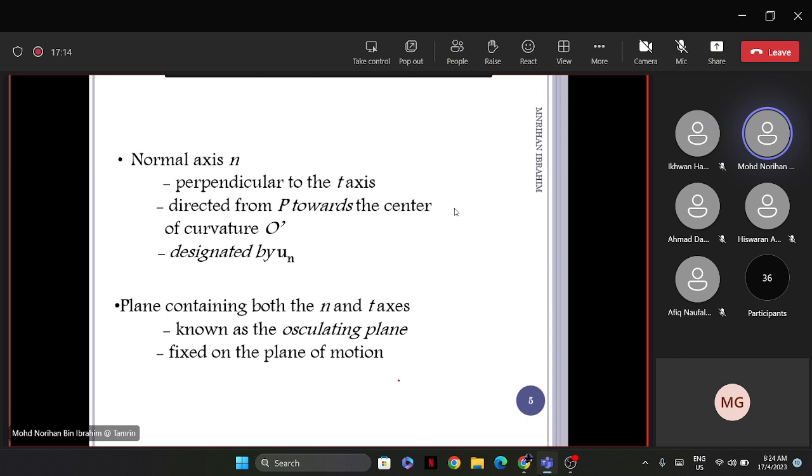And the next is the normal axis N. N is perpendicular to the T axis. Let's say we have this particle P, and T represents the tangent axis. The normal axis is always perpendicular to the T axis, 90 degrees.